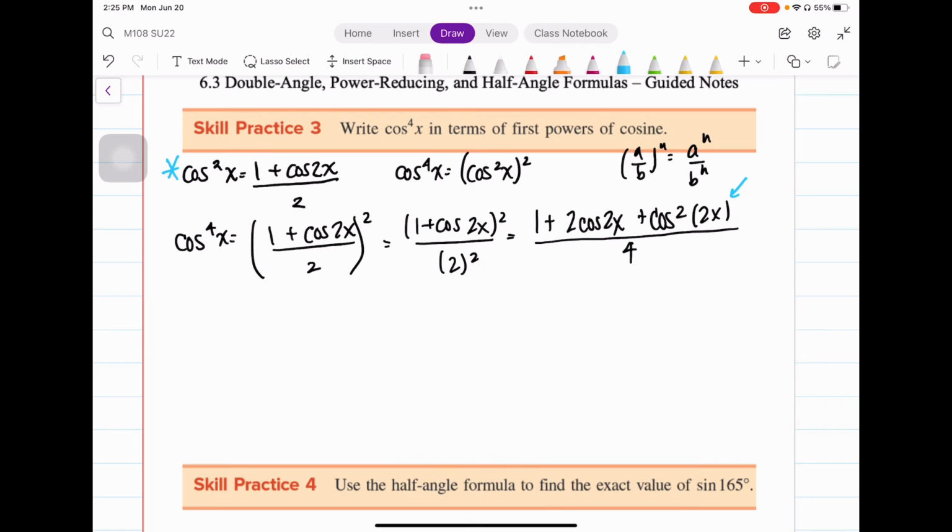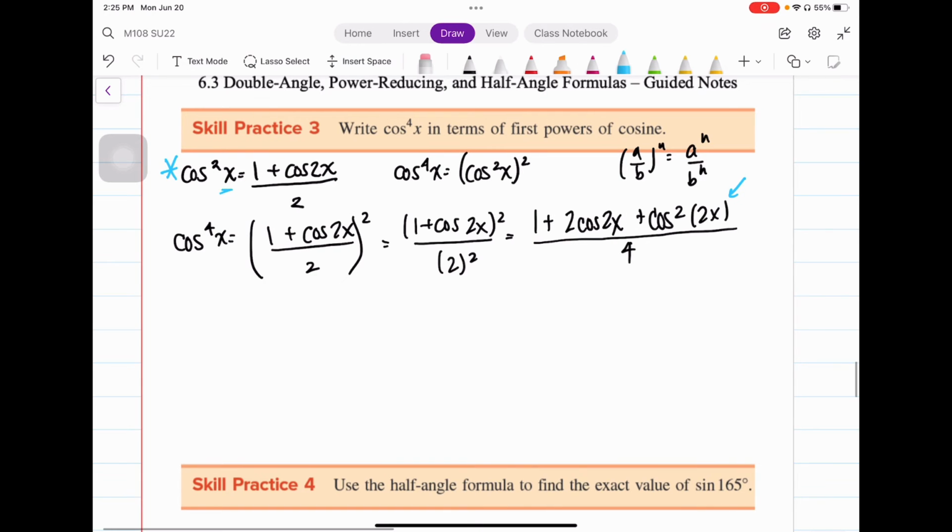What I want you to recognize, though, is when I am taking this cosine squared down to cosine, I'm going to be using the power reducing formula. However, for a single x, I became a double x here. So for a double x, I'm going to take that times 2. And just to show you off to the side, the cosine squared of 2x is going to be equal to 1 plus the cosine of 2 times 2x all over 2.